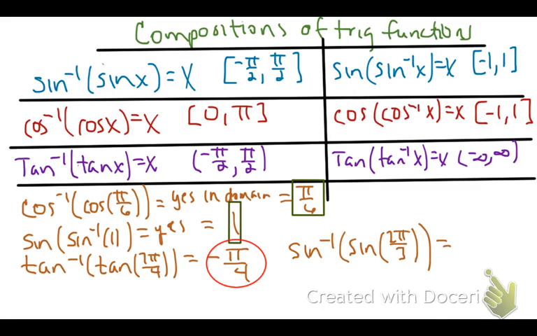Is that between negative pi over 2 and pi over 2? No, so we have gone out of our domain. We look at the value of sine, which is positive square root of 3 over 2. If we go back over to quadrant 1, we see that sine positive square root of 3 over 2 is at pi over 3, so that would be our answer.